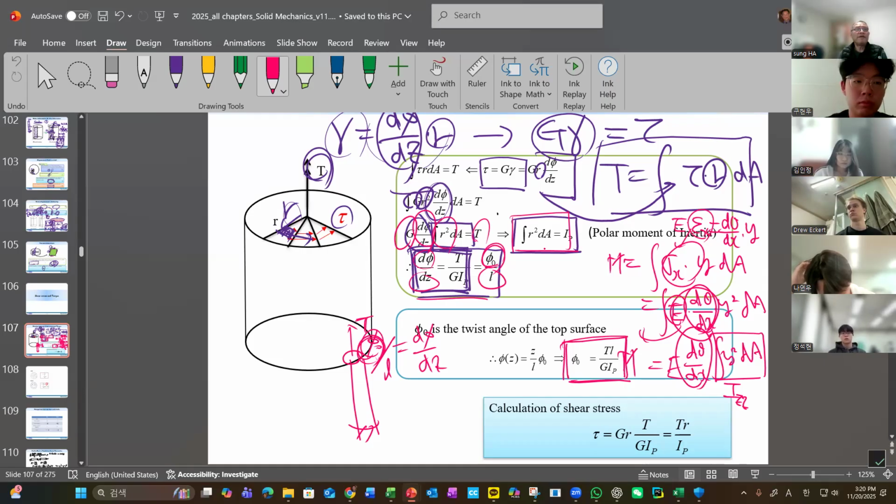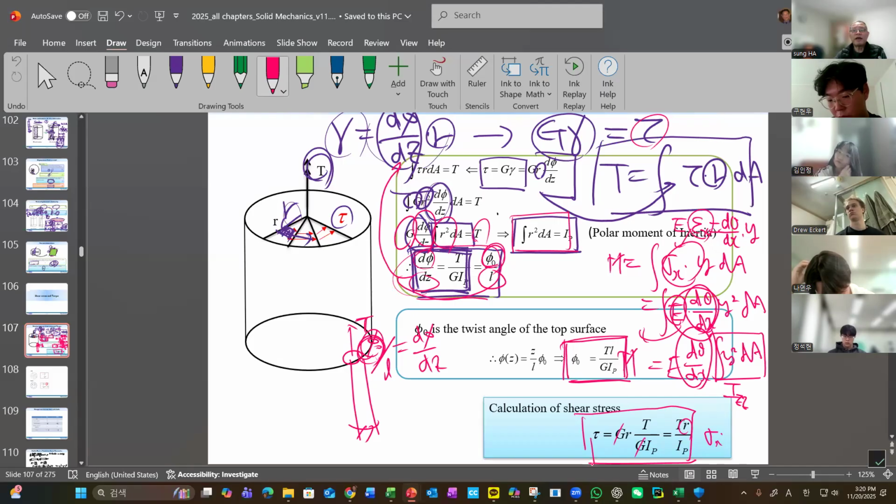Once we have dphi dz, this one or this one, we put it back here. What do we have? Back here and back here, we got the stress. Isn't it simple?